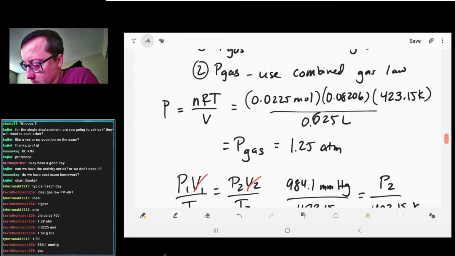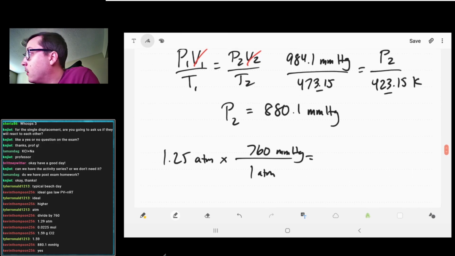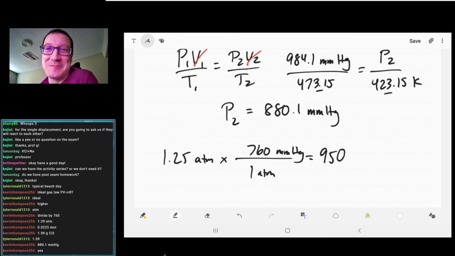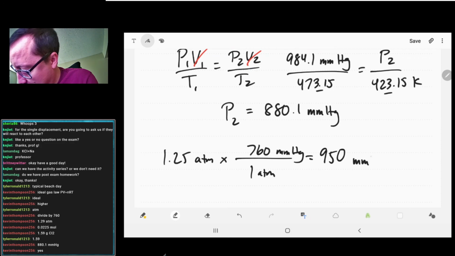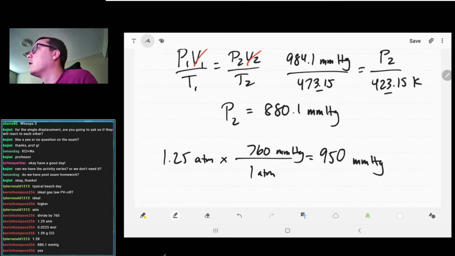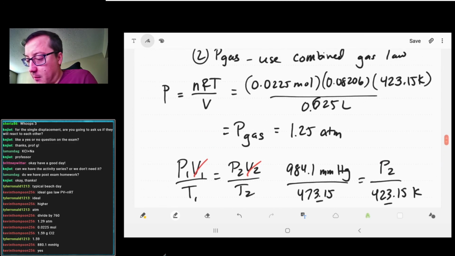Did we do something wrong? Let's find out. So I get 950 when I do this. So that tells us we've done something wrong somewhere in this mess of calculations. Unless I typed the number wrong. All right, let me calculate this again.